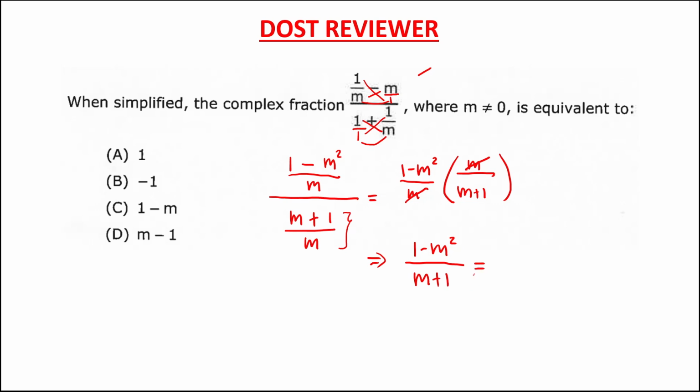Then to simplify, observe that this numerator is equal to the difference of 2 squares. So to find the factors, this is a plus b, then times a minus b.